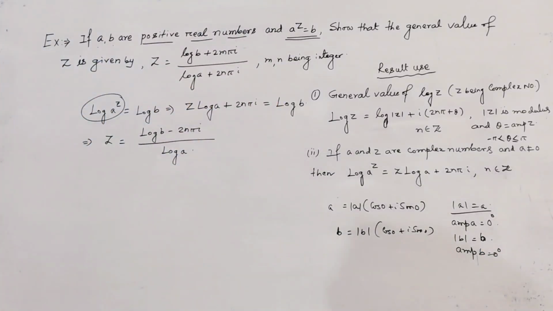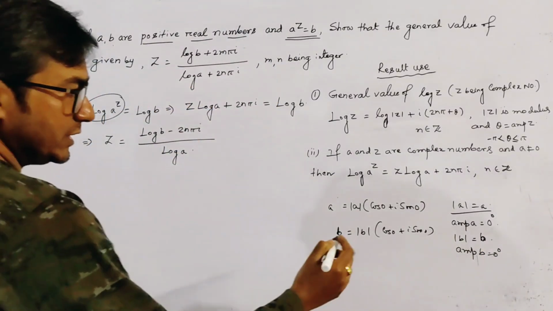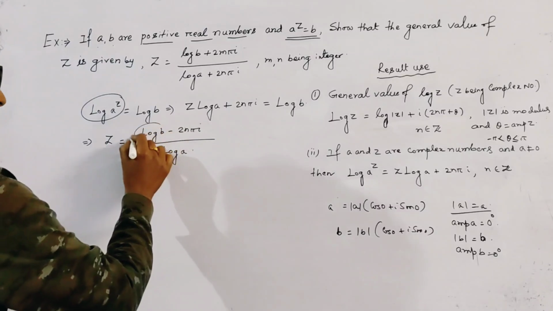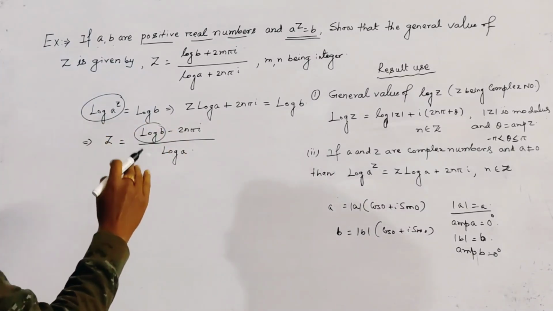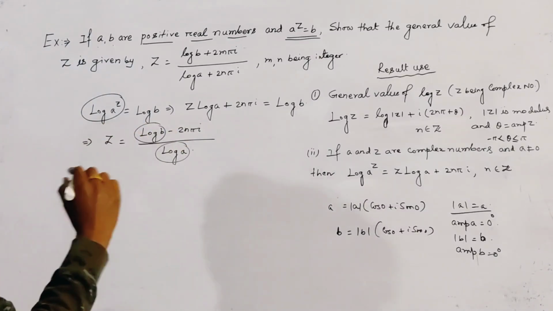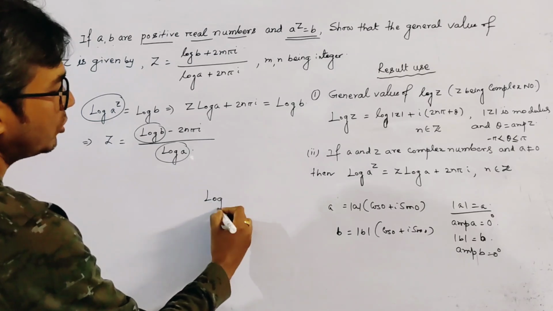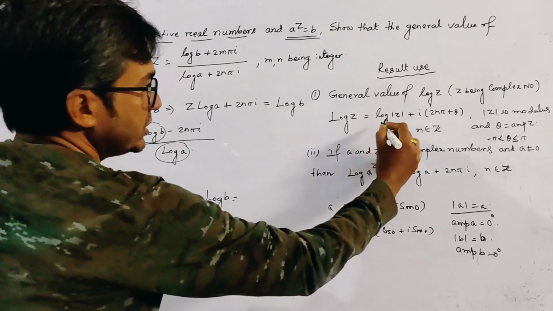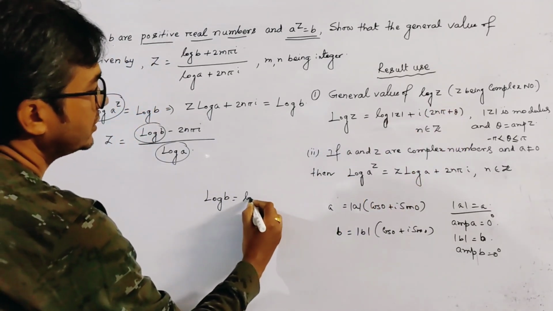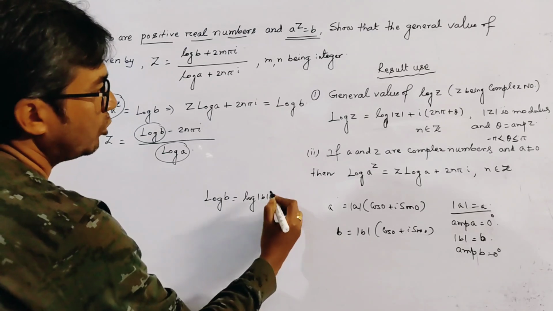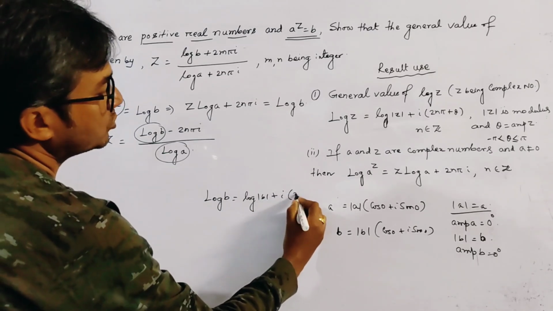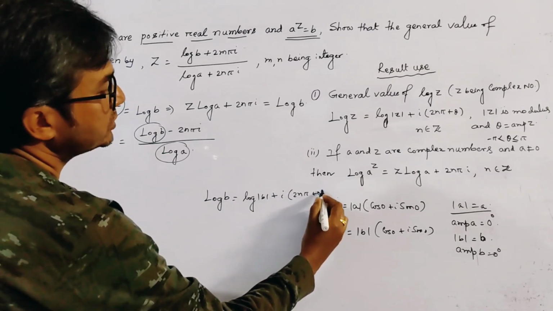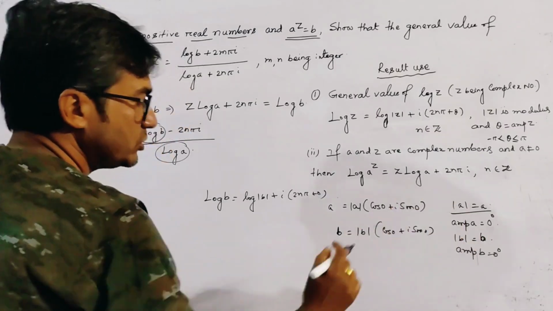Now we get the general value of log b and the general value of log a. Using this result, log b is log of mod b plus i into (2n pi plus 0), because here the amplitude is 0.